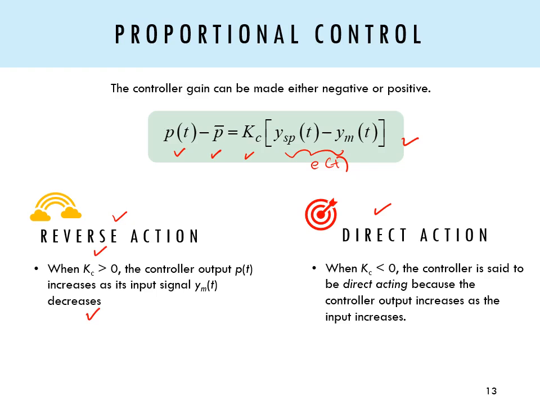This is the reverse action of the proportional control. Whereas the direct action of the proportional control is when the Kc value is less than 0, because the controller output increases as the input signal increases.